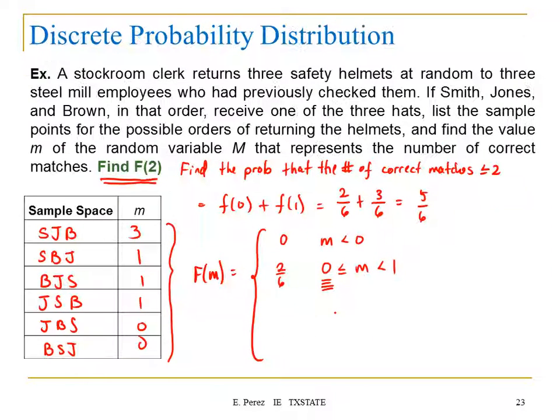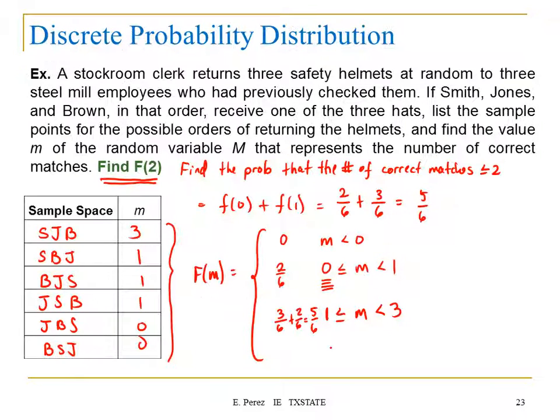We also have another range. It goes from 1, less than or equal to n, less than 3. And for that one, this is 3 over 6. Remember, we're defining the cumulative distribution. So this is 3 over 6 plus 2 over 6. So this is 5 over 6.